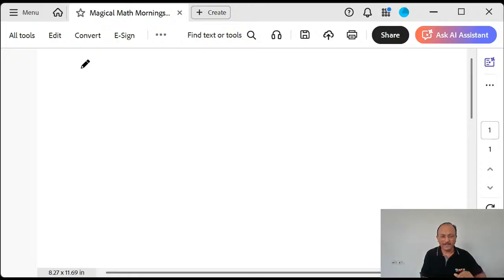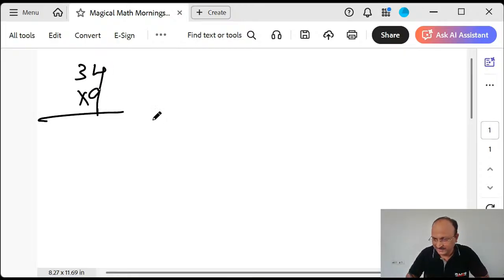Now let's start with a simple number. We want to multiply 34 into 9. Just type it. 34 into 9, using this method. We have many methods, correct? No? If it is only a 2-digit multiplication table. But let's try with this method.